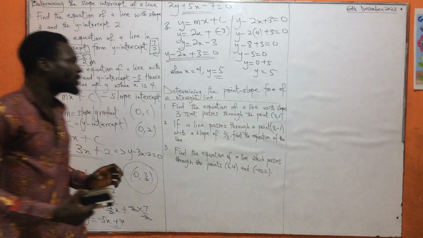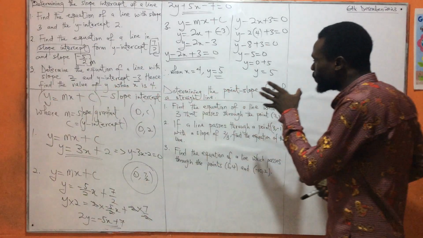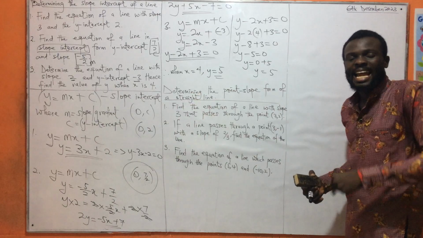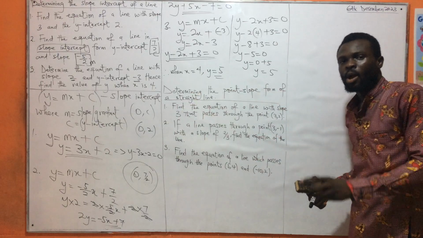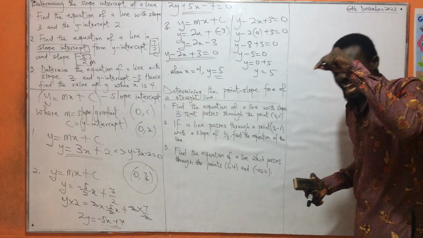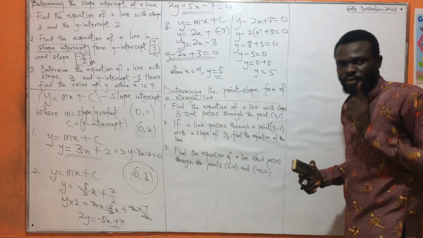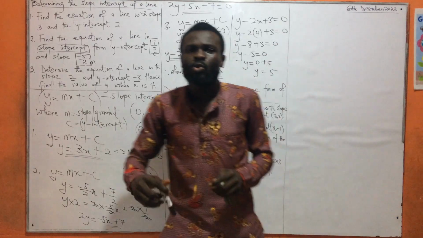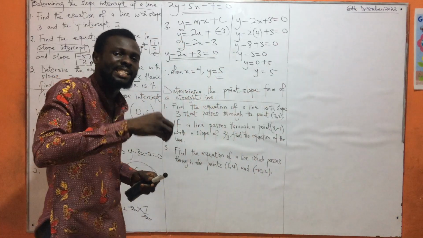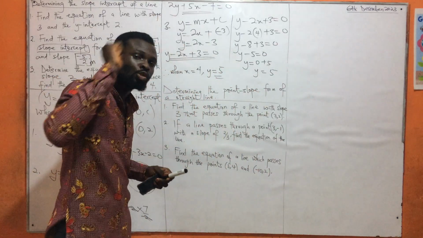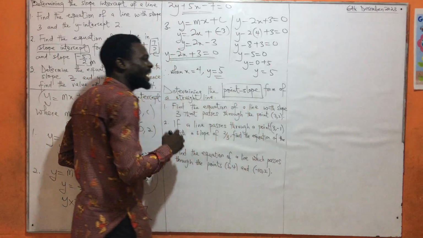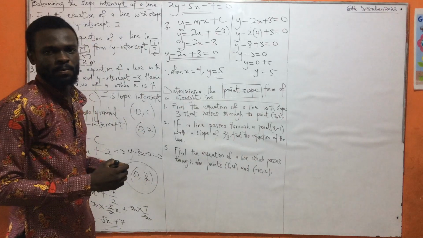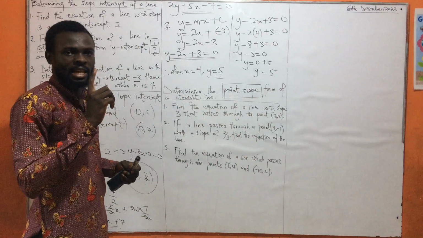Good. Now let's continue with the next one. Now we also want to find the equation of the line when you are being given one point and the gradient of the line. But the moment we are being given the gradient and a point that passes through the line, then we are going to say we need the point slope of a straight line.